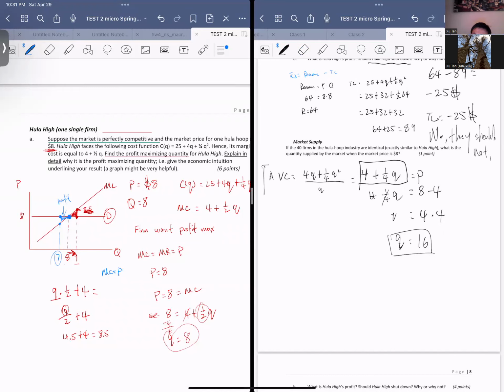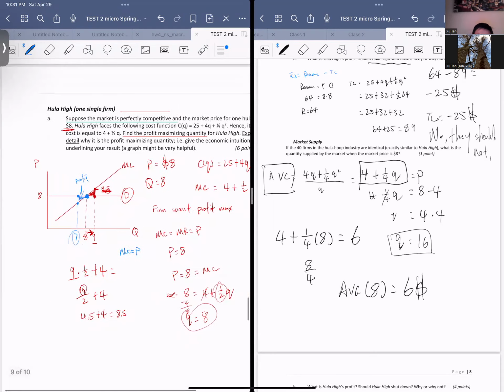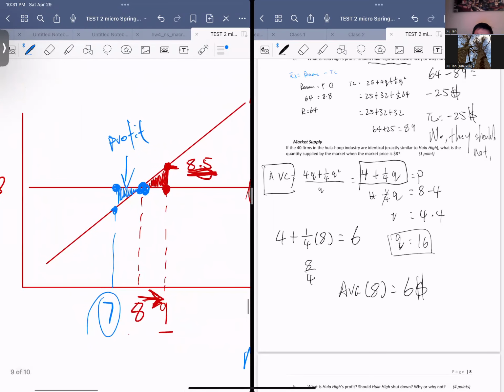So let's find average variable cost when the quantity is 8. When quantity is 8, it's 4 plus 1/4 times 8. So average variable cost would be 8 divided by 4 is 2, so it's 6. So average variable cost at quantity A is $6.